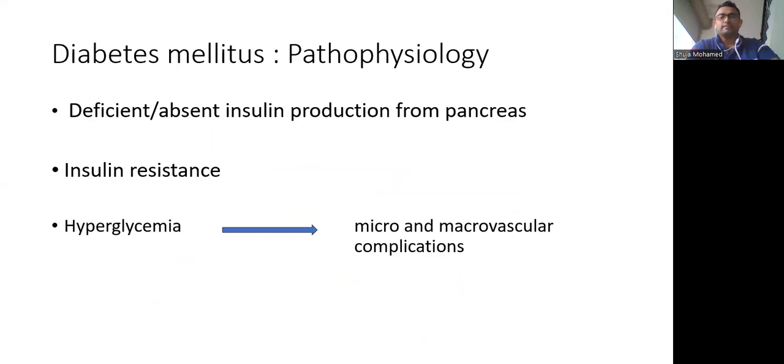So diabetes mellitus, as I mentioned, is either deficiency or absence of insulin, or insulin resistance in the body.